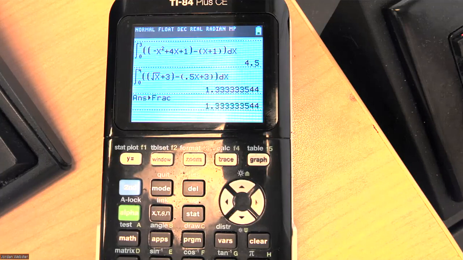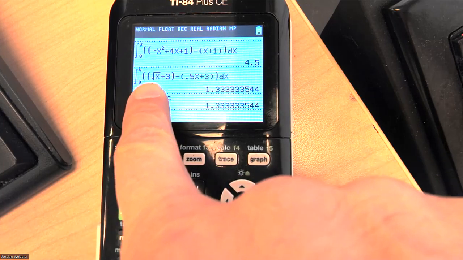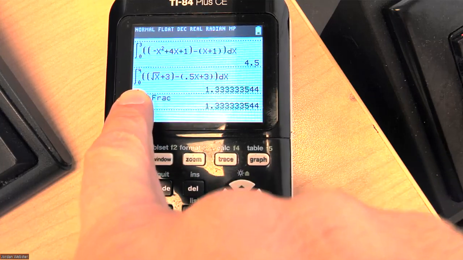Okay. And when the calculator gets close to a weird spot, it might get thrown off by a little bit. And the weird spot in this case is square root of 0.